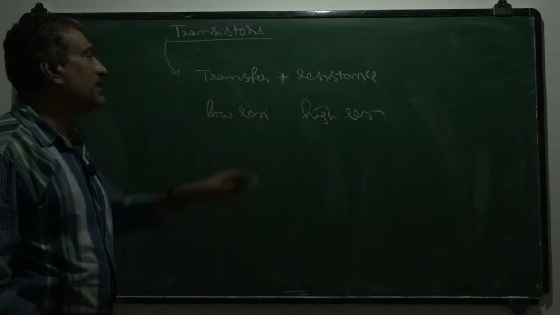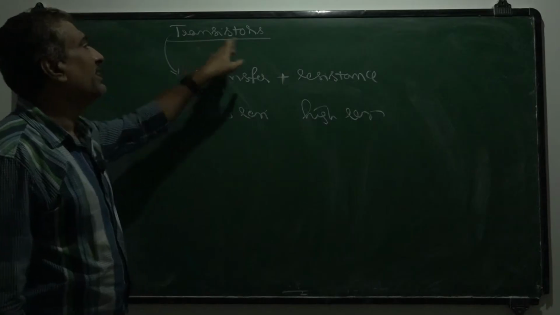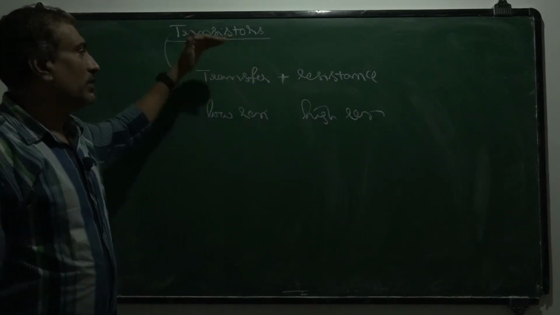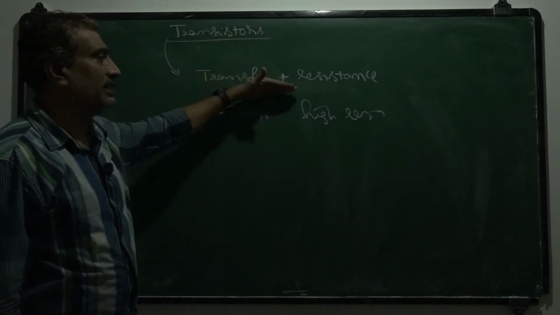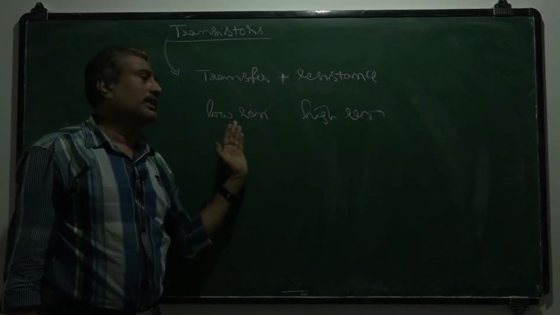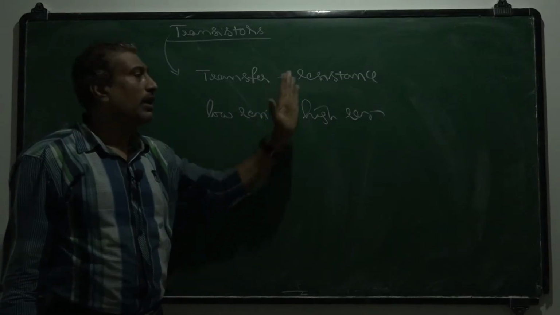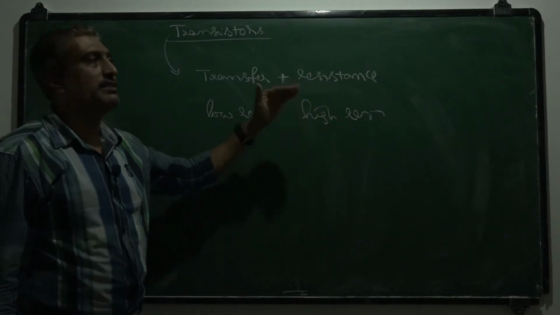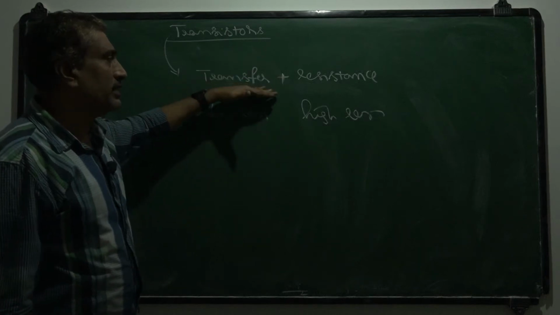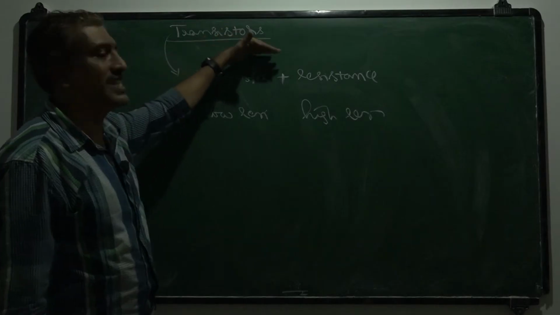That's why its name is transfer of resistance, or transresistor, simply transistor. So this device conducts current from a low resistance region to a high resistance region.